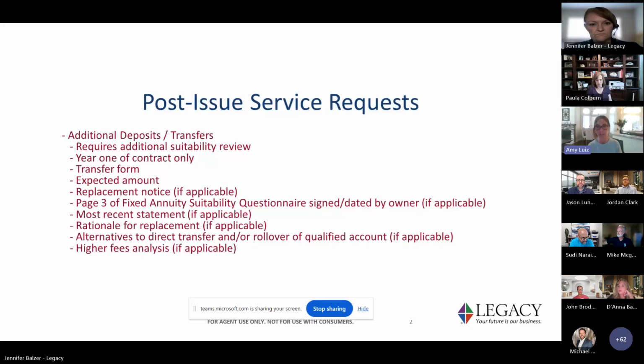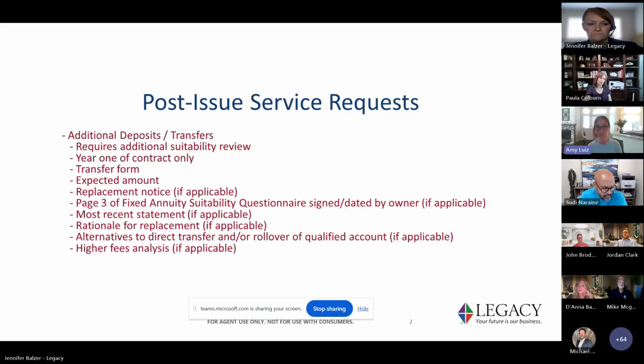Those are additional questions that we might ask depending on the type of funds. We ask that you send that at this point to the Suitability Help Desk email group, before any request or funds are sent to Ameritas, so that we can let you know upfront what we would need or if there are any issues.